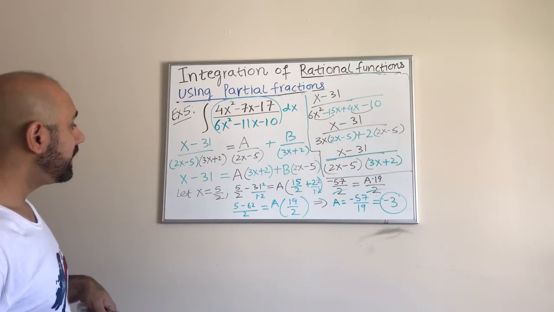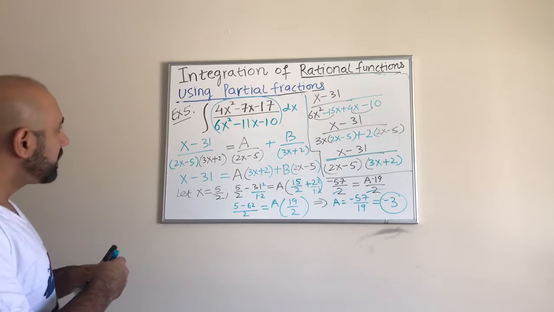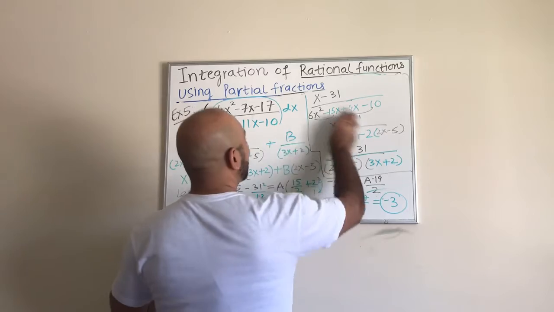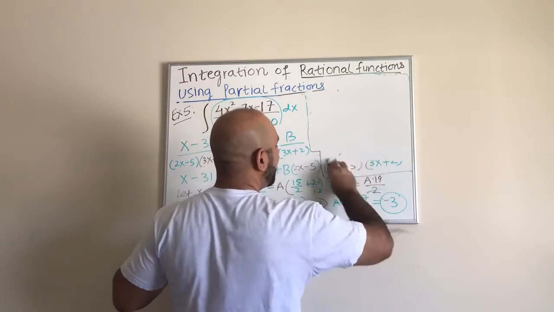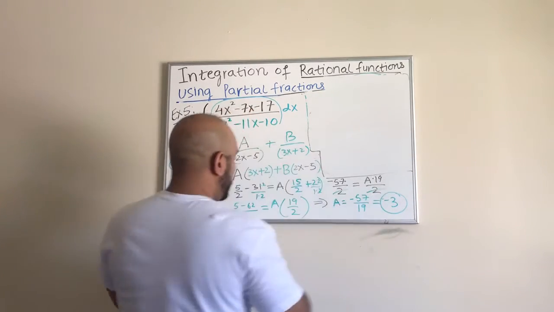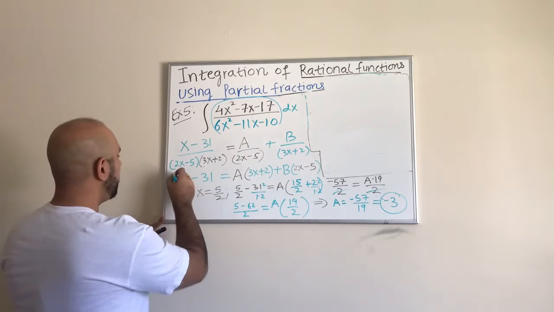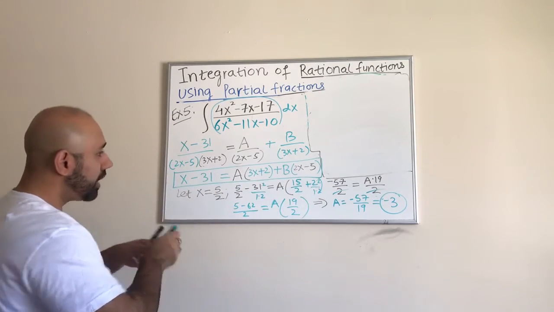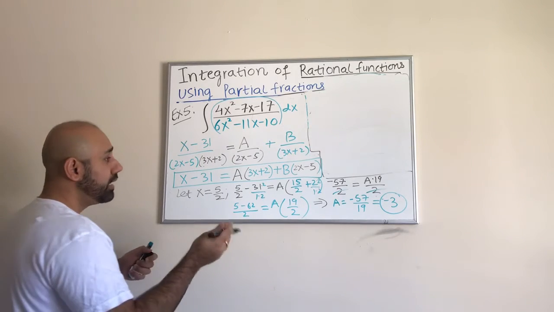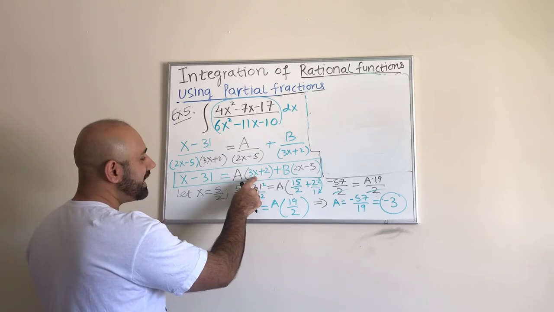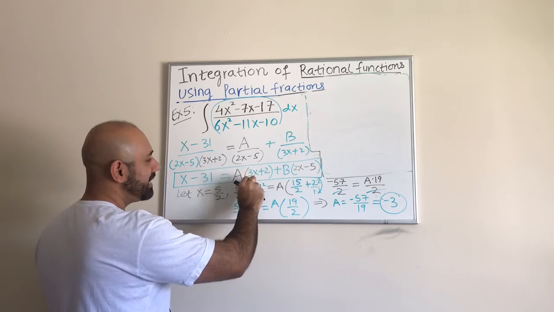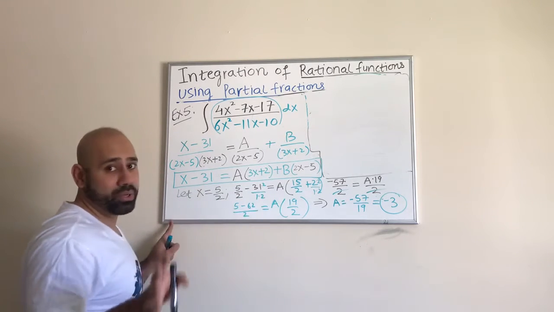Now I have to also find the value for b. Let's get some space so that we can write the value for b. So guys, here I'm going to get rid of this. Let me box this. I'm just looking at this equation. Now to get the value for b, one of the ways is to just set x equals negative 2/3 so that this whole term vanishes and I can get b by itself, and we can use that.